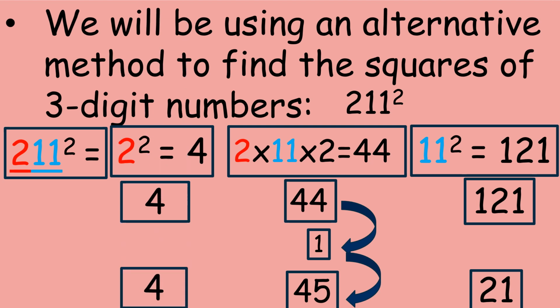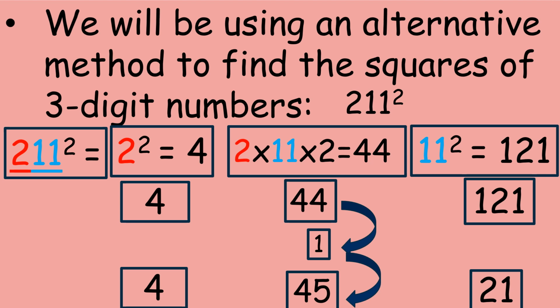Now we look at the first term, we can just bring that down. So we have one term, which is 4. We have two digits, 45, and then we have two digits, which is 21. So the first term has 1 digit, 4. The second term has 2 digits, 45.